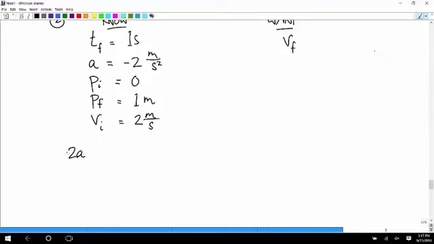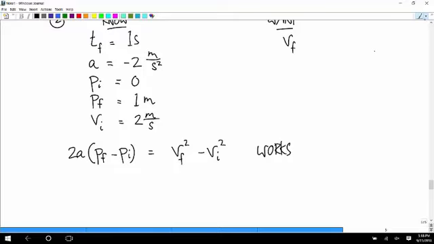So we have the equation 2a times the quantity P final minus P initial is equal to V final squared minus V initial squared. That's the one that works. That one doesn't have V final in it.